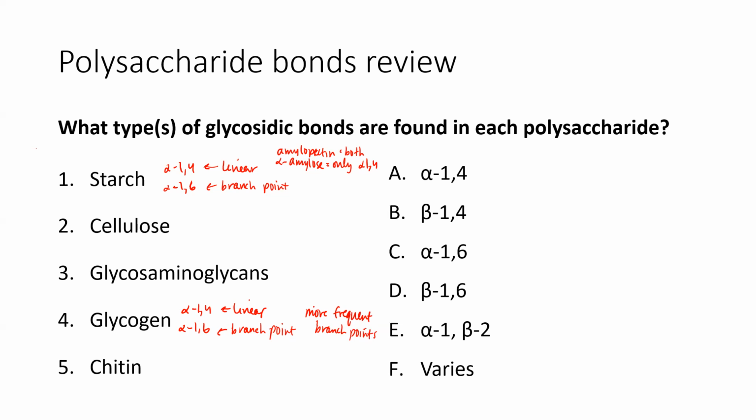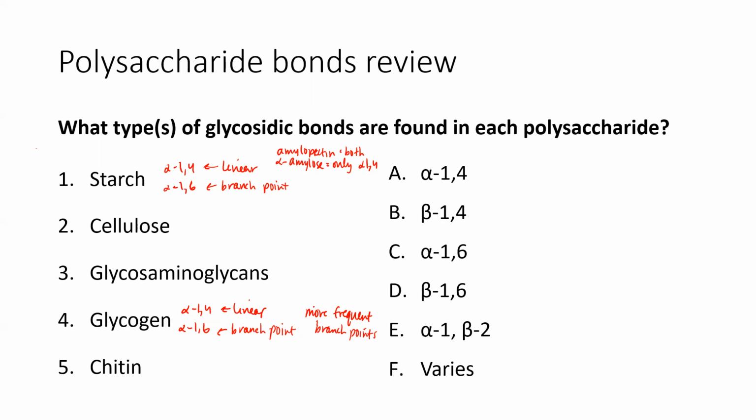So you have more branches overall, which relates to having more ends available. The more branching you have, the more individual ends you have on any big glycogen polysaccharide. So you can cut off more single glucose molecules from each end of each branch at the same time when you need that energy.